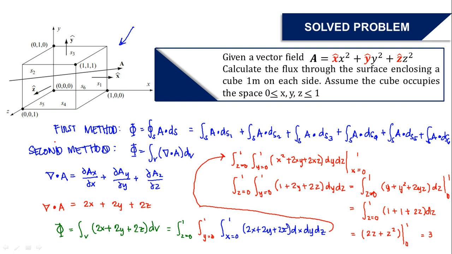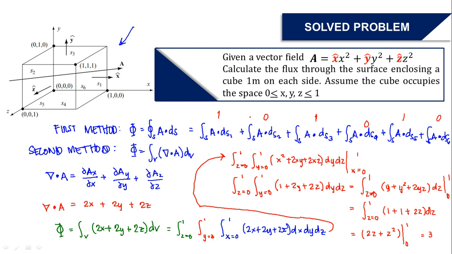cube on each side. So, pwede nyo ring i-verify yung sagot ko na 3 using the first method, no, to get the summation ng mga surface integral on each of the sides ng cube. Same lang din yung magiging result. No? Paano mangyayari yon? Dun sa first kasi, magiging 1 yan. Yung sa susunod 0, 1 din dito. Then sa 4, magiging 0 yan. Sa 5, magiging 1. Then sa 6, magiging 0.